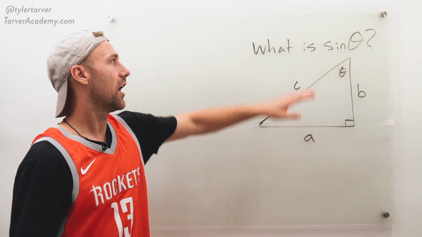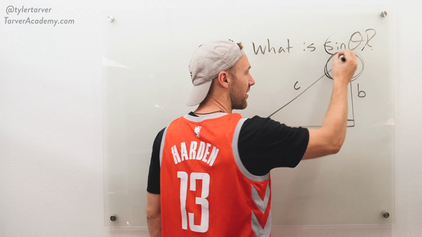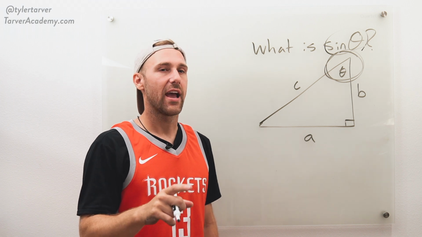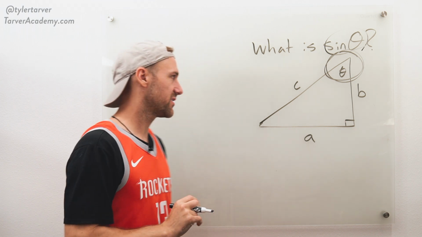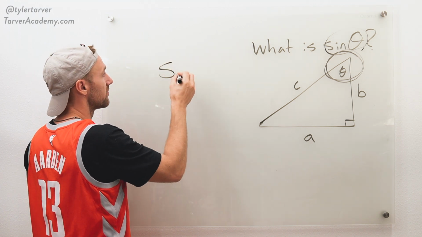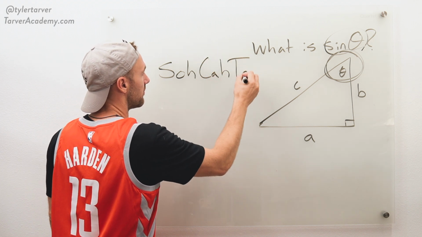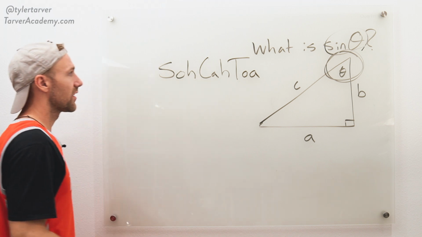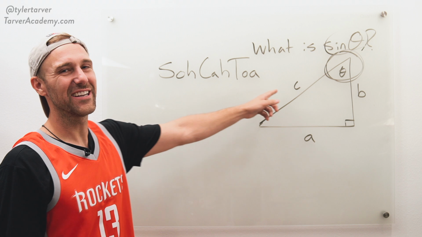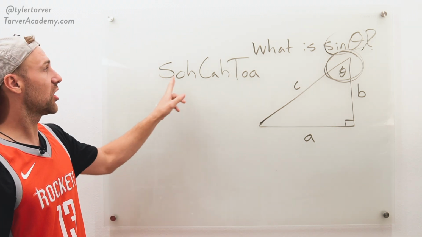Okay, so we're trying to find the sine of this, which means we're finding the sine of this angle, okay? The trick is you got to know what sine is. And it's probably something you've heard of before, but I'm going to teach it to you again, okay? Y'all ever heard of SOHCAHTOA? There are abbreviations for this, but I can't remember the ones that don't sound bad, so I'm just going to say SOHCAHTOA.